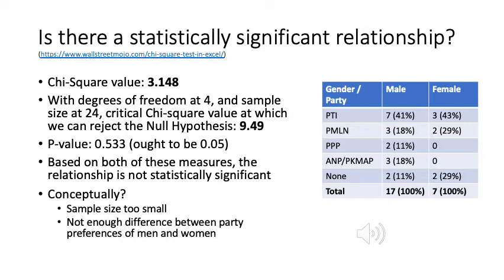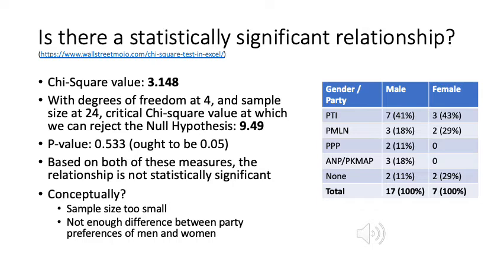Now then, we also have to look at the critical chi-square value that the chi-square test should have in order to be statistically significant. The degrees of freedom is 4, which essentially looks at the number of rows and columns that you have, and the sample size is 24, which is quite small. The critical chi-square value based on that data is 9.49.